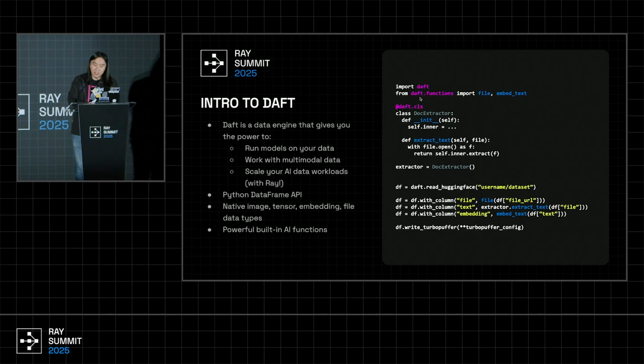This quick example is some Python code where you're constructing your own custom Python logic to extract content from documents, and then reading a Hugging Face dataset where you're first turning the URLs into Daft file data types, then using your custom Python code, aka a Python user-defined function, to extract text from that document, and then running our native embed text function, embedding models over those extracted texts, and then writing it out to a vector DB, in this case, TurboPuffer.